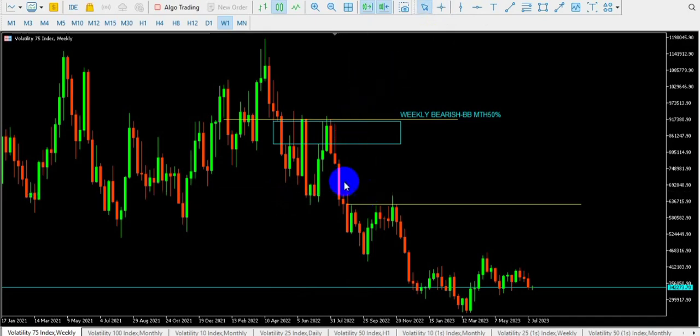But anyway, that is a confirmation that I saw that is algorithmic, pushing price until it gets back to it. There was a bearish order block here, but to me it's not high in probability, because we did not see a fair value gap inside of this bearish order block on a weekly time frame.